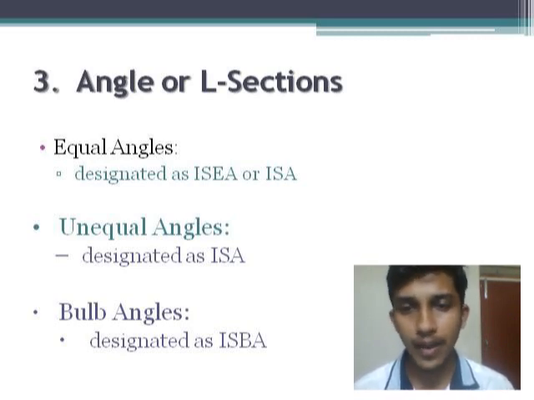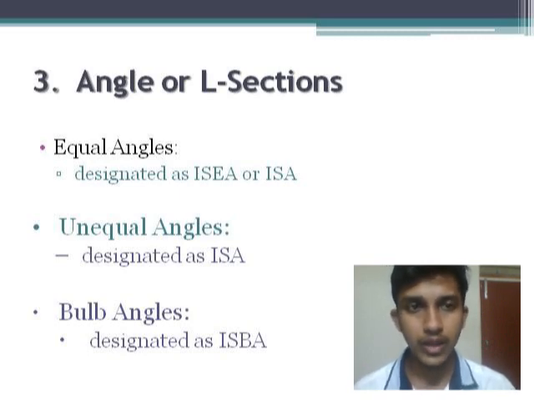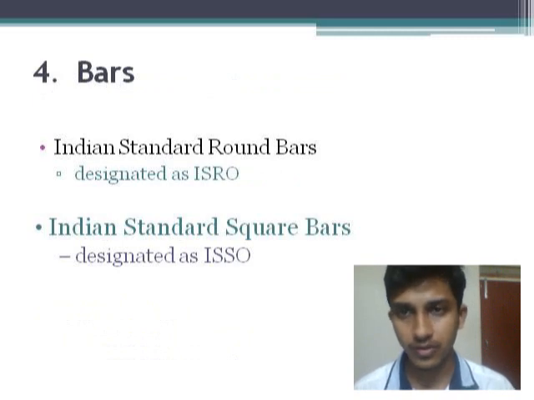Then again we have bulb angle. It will have a bulb at its end. Those sections will come under bulb angles, and that is designated as ISBA. And these bulb sections we generally use for ship construction. Then next we have bars, Indian Standard bars.